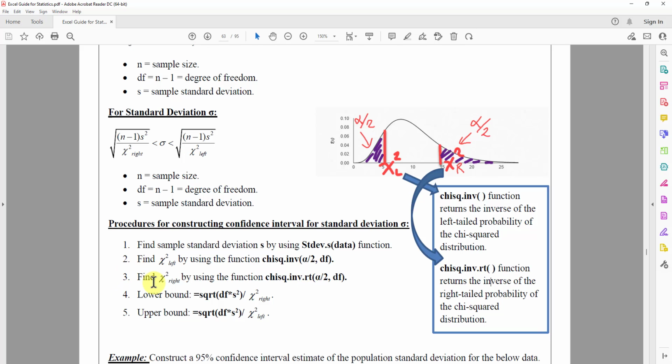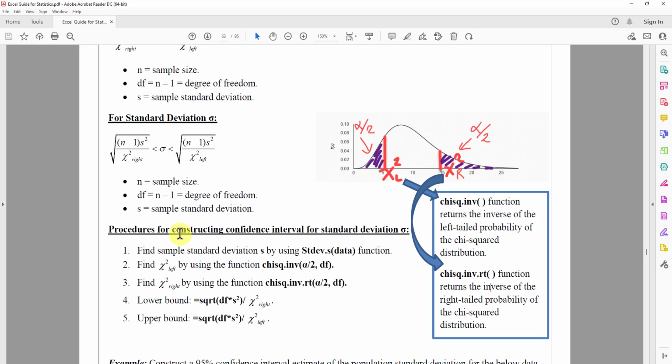Okay, so there are 5 steps to construct the confidence interval for the standard deviation sigma. We find the sample standard deviation S. This is simple. We just use the regular STDEV.S to get the sample standard deviation of any data set.